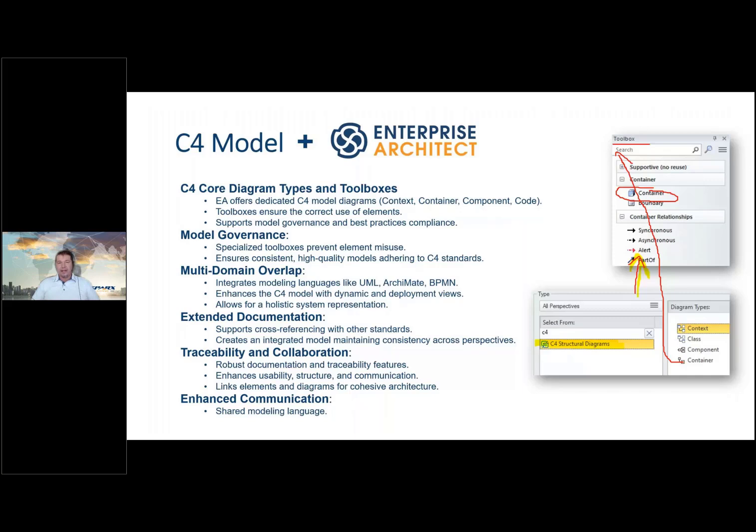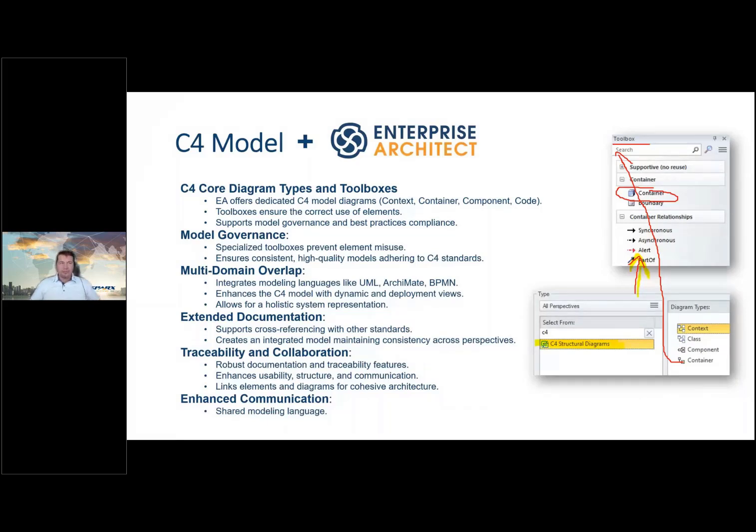What's the benefit of having everything in Enterprise Architect? Well, the benefit is that it works smoothly with other modeling languages like UML, ArchiMate, and BPMN. So you can really expand your models and create different views for a fuller representation of the system and its relation to other modeling domains. I can tell you we have had a customer who really envisioned incorporating a C4 model into their enterprise architecture model, which was really cool.